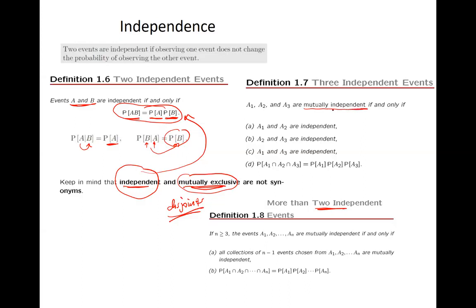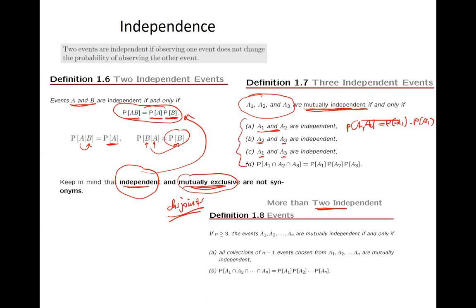There is a concept, mutually independent events, where, if we have three events, we check A1 and A2. We look at probability of A1, A2. This should be probability of A1 times probability of A2. So we check A2, A3, A1, A3, and finally A1, A2, and A3 altogether.